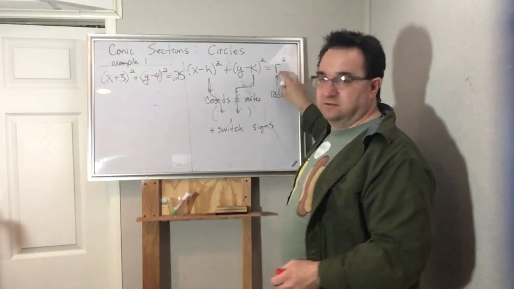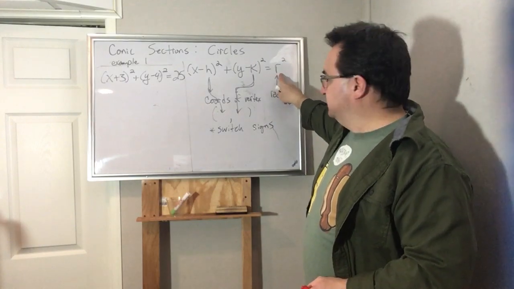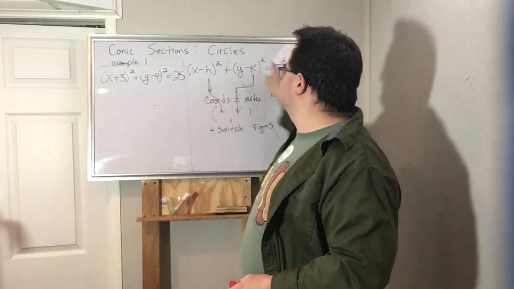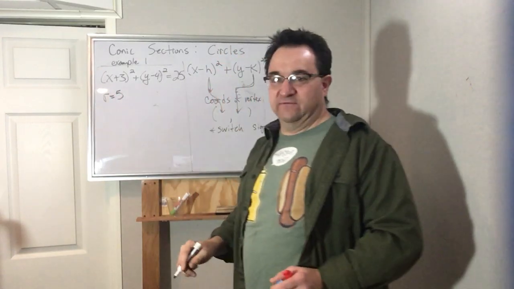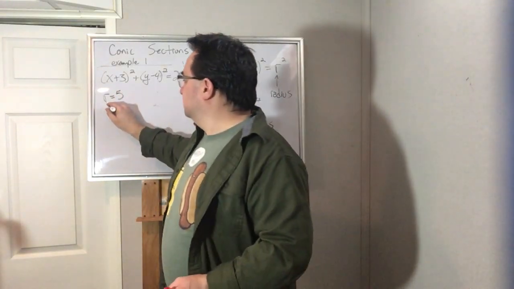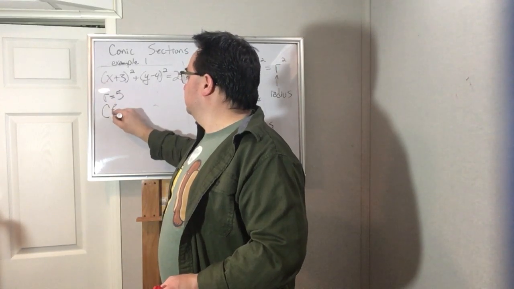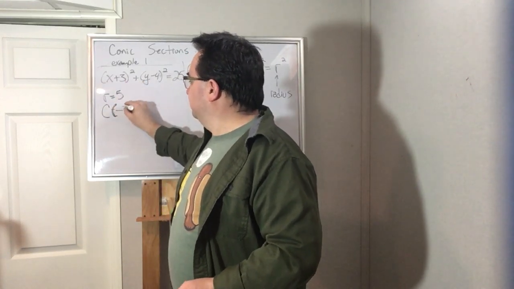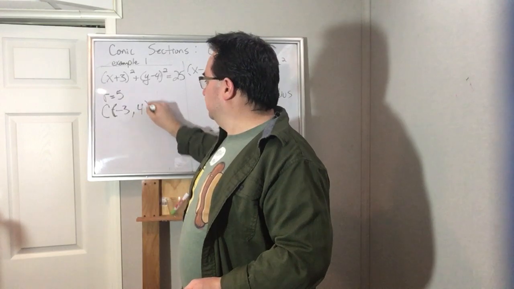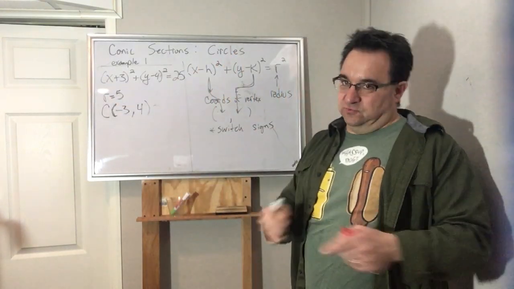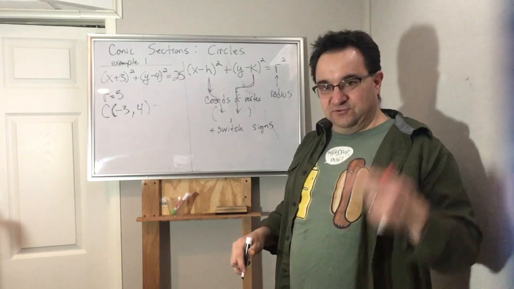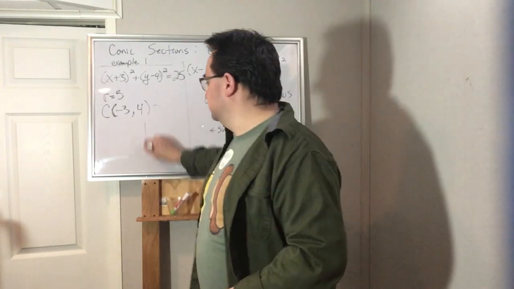Notice in the equation that r is squared. So if I see a 25 there, that is r squared. So in this case, the radius is 5 units. The center is going to be at -3, 4. The x with the x, the y with the y, switch the signs, and that's it. And those are the only two things we need to know for a circle.